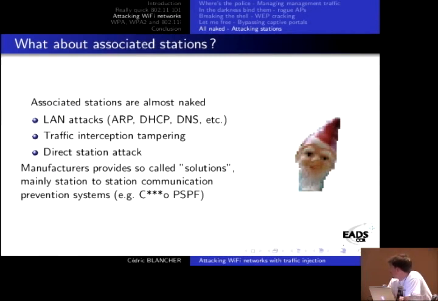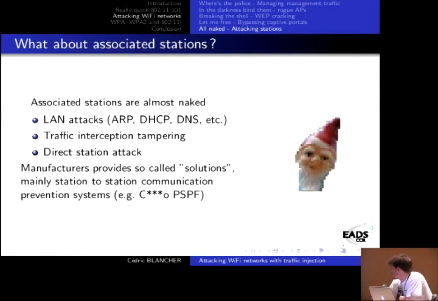You can do basic LAN attacks, so ARP cache poisoning, rogue DHCPs, DNS spoofing or DNS cache poisoning for Windows workstations, where there is a DNS cache. You can try to play with their traffic, interception, tampering, and stuff. And you can just try to scan them and see if there are vulnerabilities and then exploit them directly.